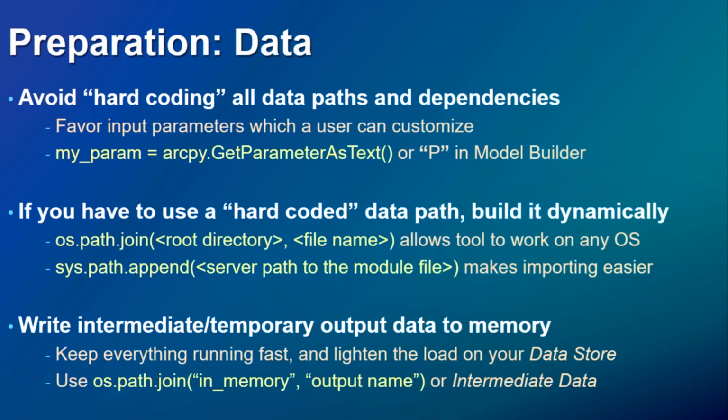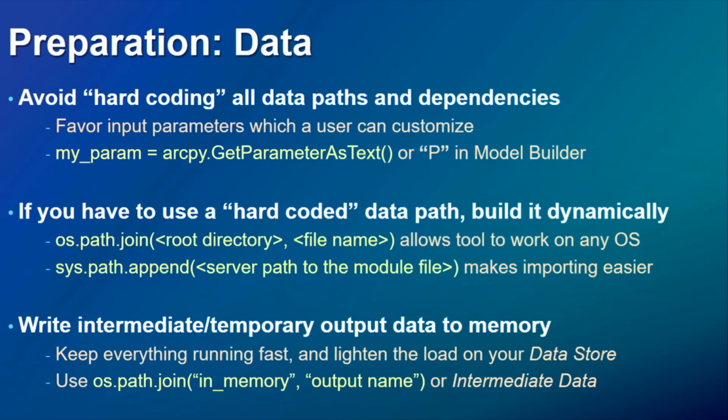And as a final point here, the output that's created by the tool, you can write that to memory. In Pro 2.3, there's actually two options for that. There's the in_memory, which you see in the bottom bullet there in yellow. And there's also just the plain old memory, which is a new option that we're offering. Use those to make your output that's not the final output.